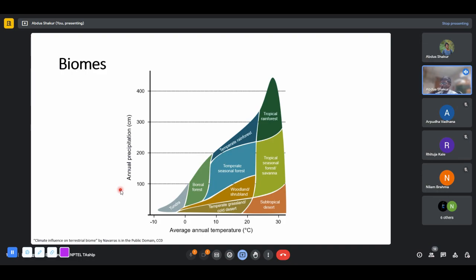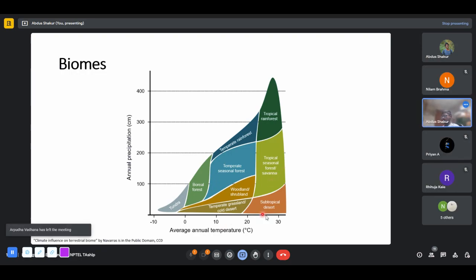So the next level of organization is biomes, right? We have around nine of these biomes: tropical rainforest, temperate rainforest, boreal forest, tundra, temperate seasonal forest, shrubland, tropical seasonal forest or savanna, subtropical desert, cool desert.